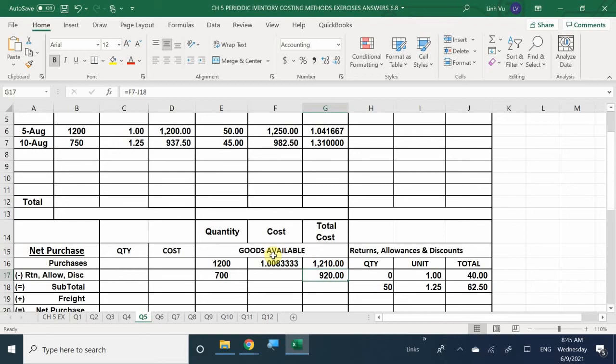Because then, when I sell my items, I can count how much it's going to cost me per item. If it costs me $1.31 per item, every time I sell one item, it's going to cost me $1.31. And because I have a brand new cost and a brand new quantity, I need to resolve for my cost per item.